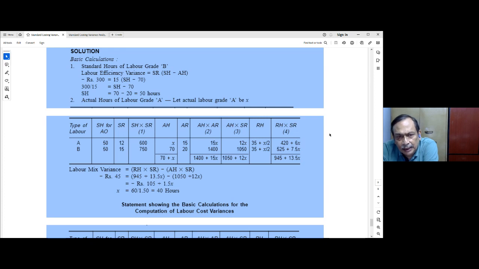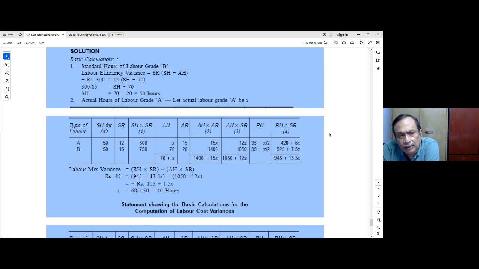Standard hours into standard rate, that is 1, AH into AR, let it be 2, AH into SR, let it be 3, then RH into SR, let it be 4.